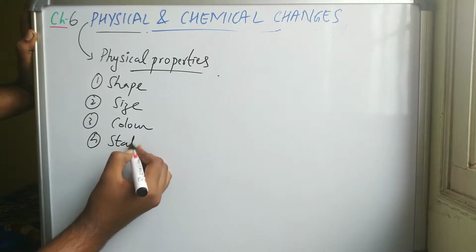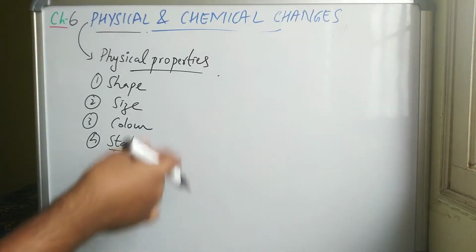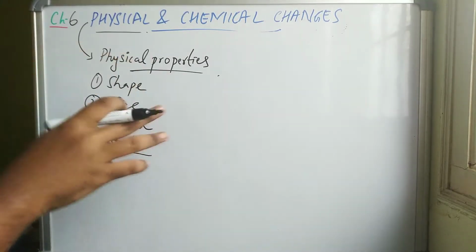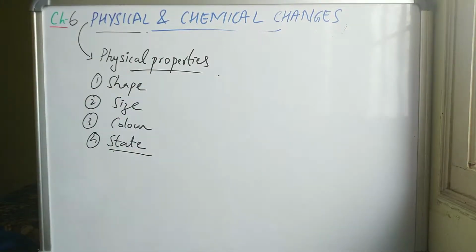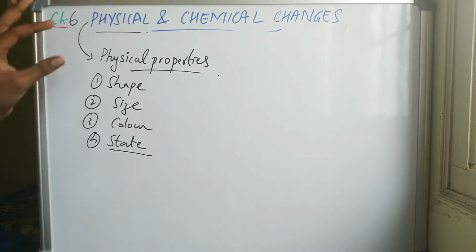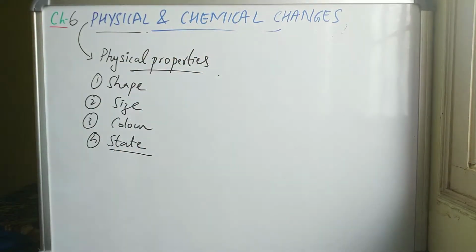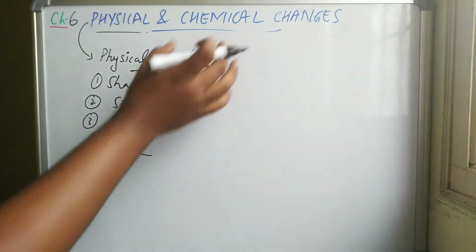State basically means from liquid state to solid state, solid to liquid, solid to gas, and all these states. So a change in which a substance undergoes a change in its physical properties is nothing but physical change.